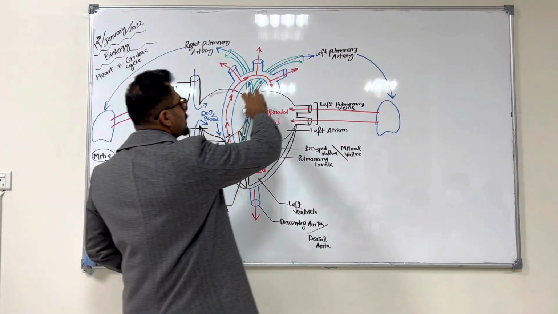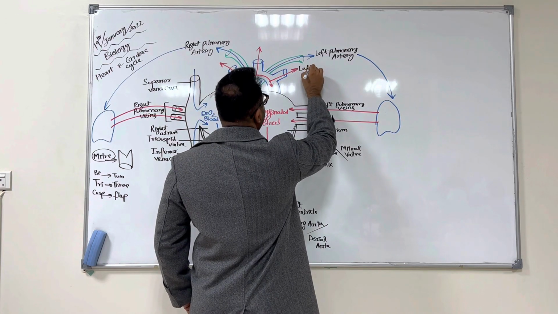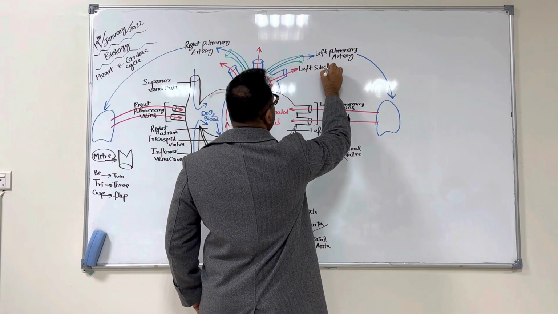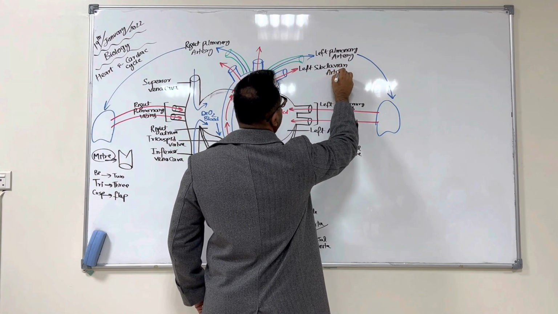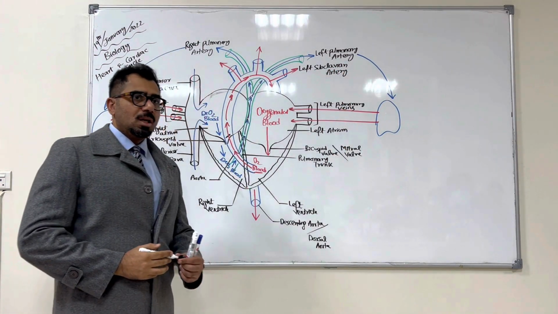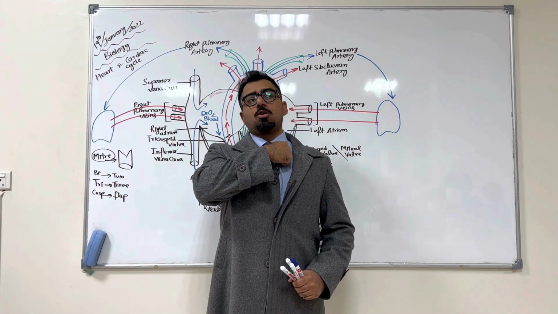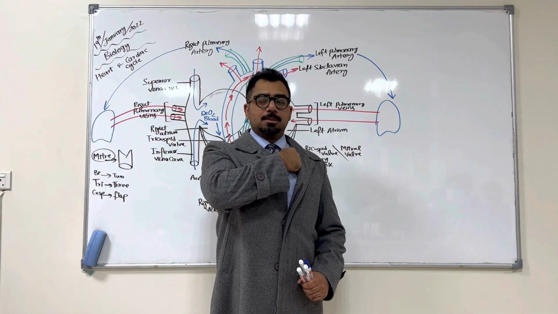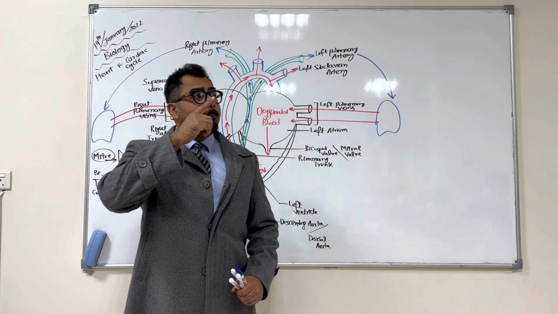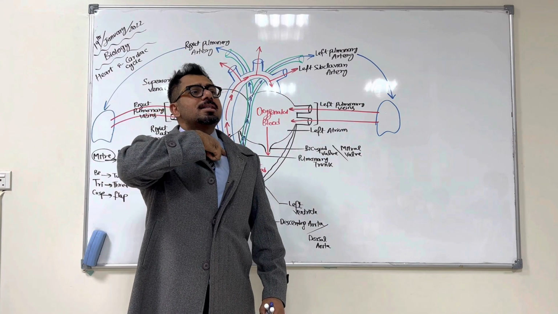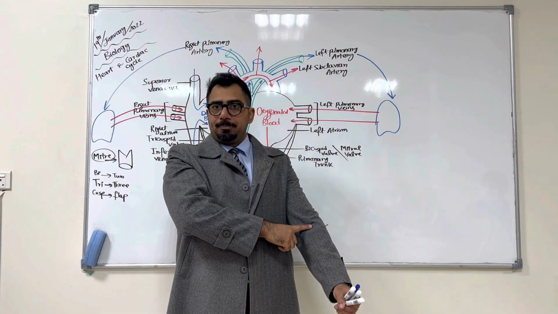Now, what about these three blood vessels it divides into? Look here at this blood vessel. This blood vessel is called the left subclavian artery. Do you know the name of this bone, the collar bone? Clavicle. So a blood vessel is going under this bone and towards the left arm.